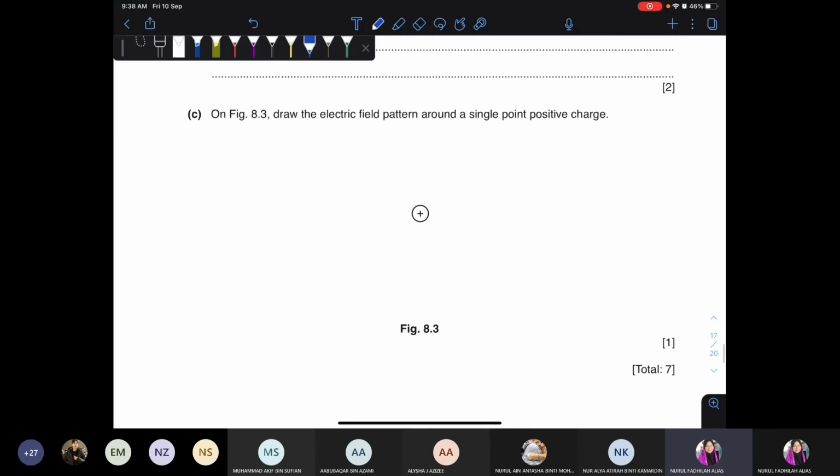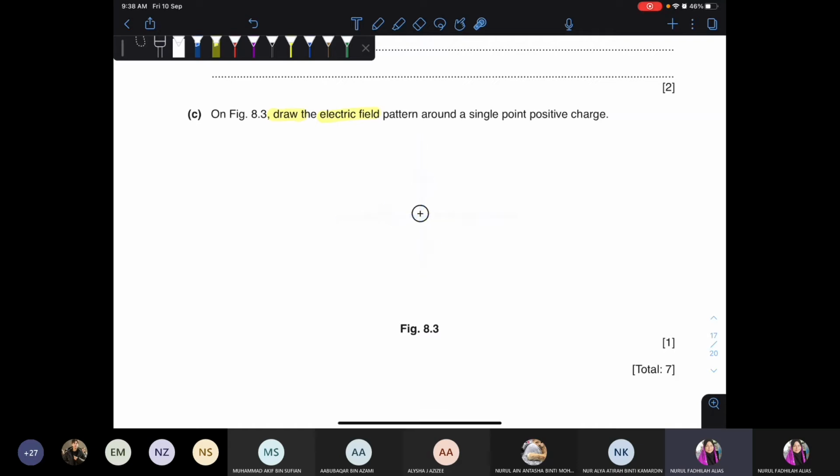Now, drawing. Draw the electric field pattern around a single point positive charge. Wow, this is easy. How do you draw this one? This one is positive.